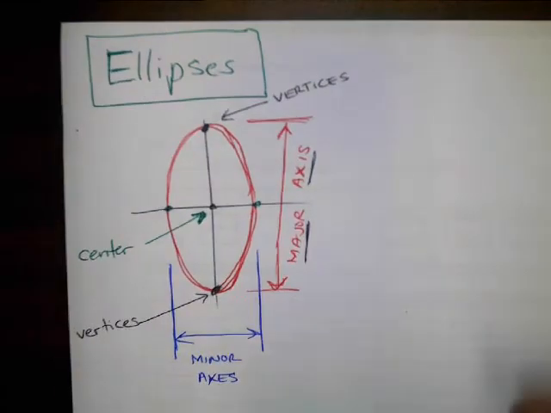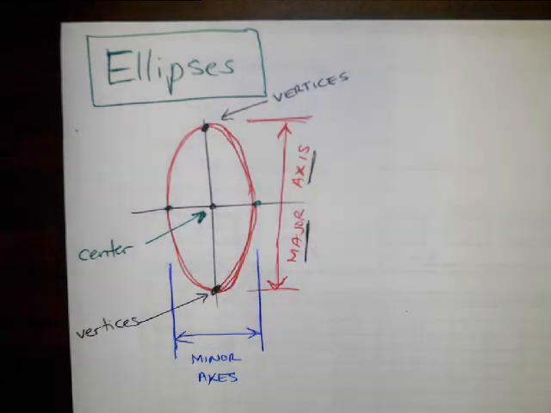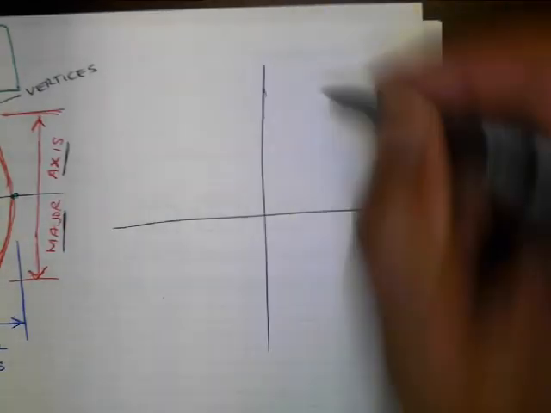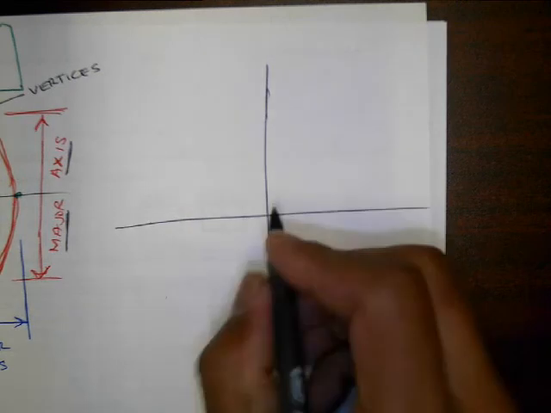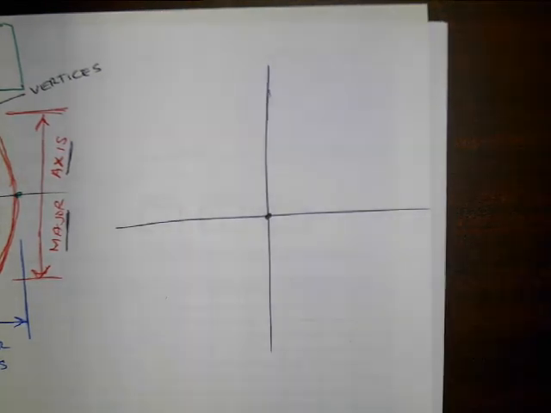So you'll have some ellipses that are elongated this way, kind of stretched out this way. And you're also going to have some that are, let me draw another center here. Right, this is my center.